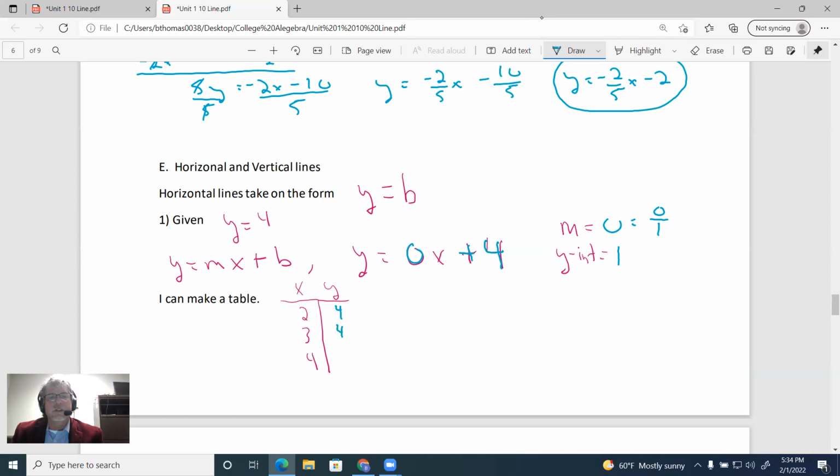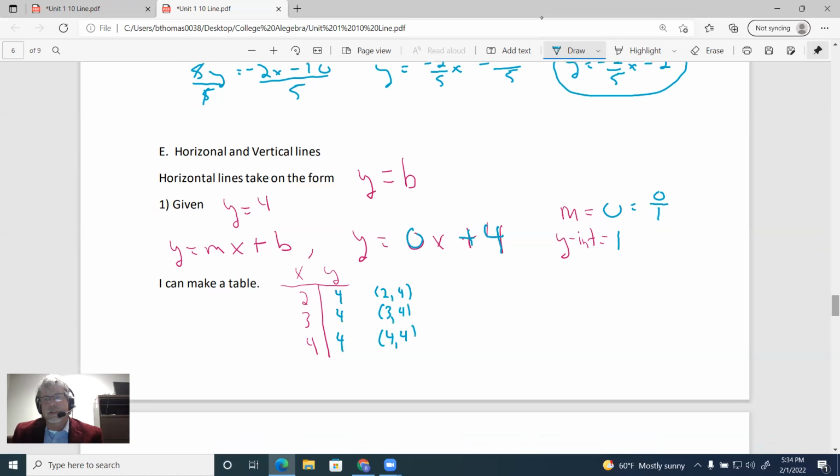If you put 4 in, you're still going to get 4. So those would be my ordered pairs: (2, 4), (3, 4), and (4, 4). Notice how the x's are changing, but the y's are not. So that's why the numerator is 0.